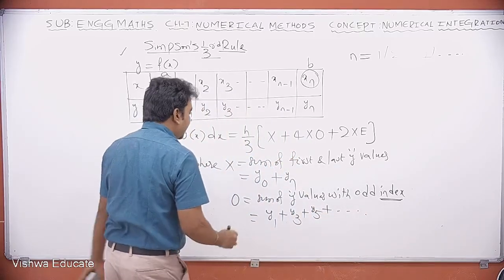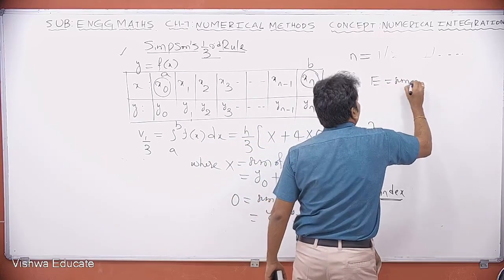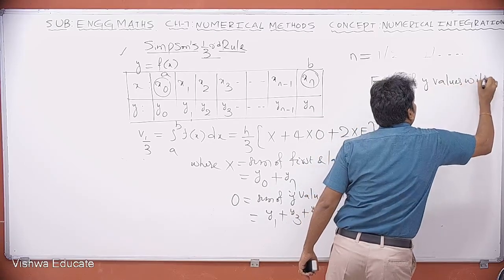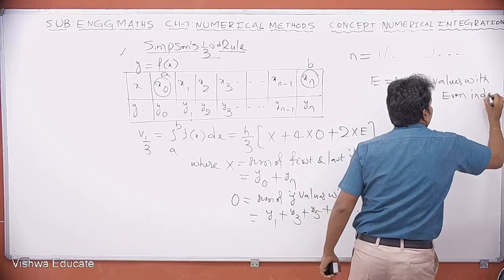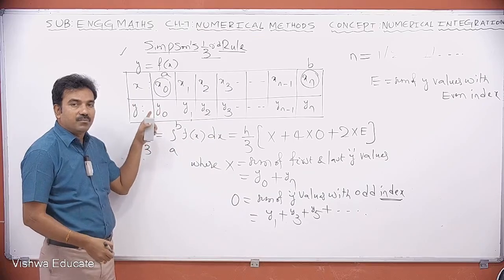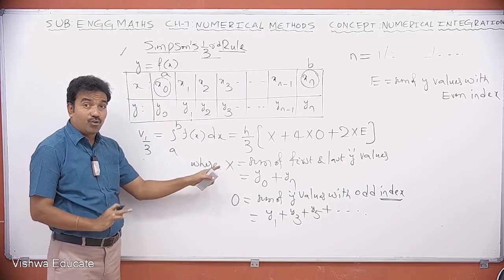Now what is E? This is nothing but the sum of y values with even index. Generally even index starts from 0 onwards. But y0 is already covered in X, so that should not be taken.